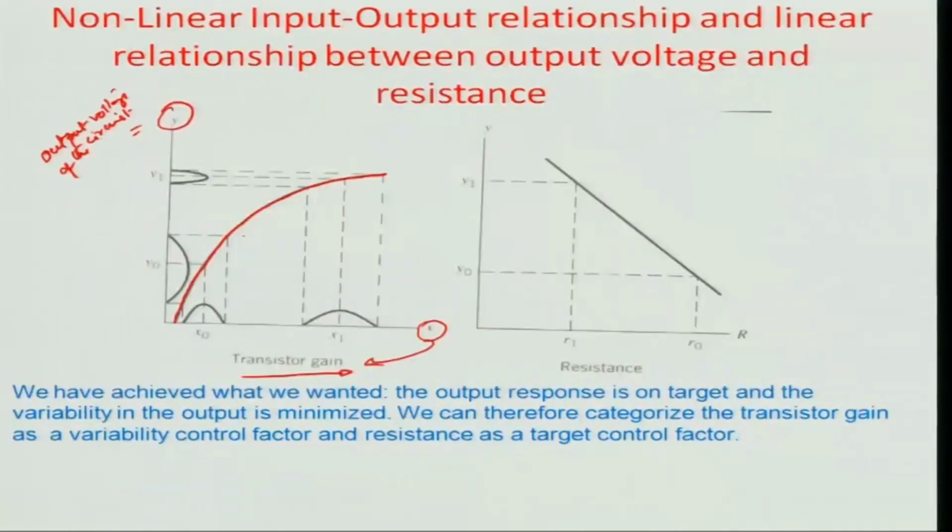This is the range of the transistor gain which has been chosen at the first instance by the designer, and that results in an output voltage Y0, which has a large variability.